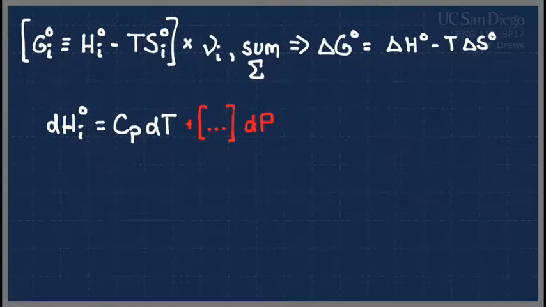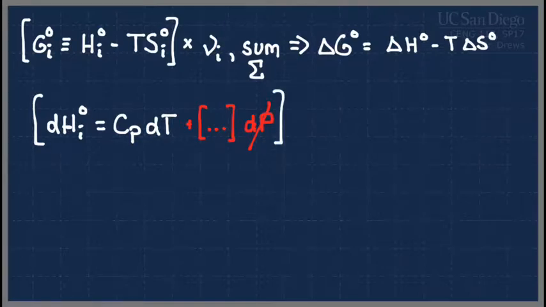And remember, the standard state is always at 1 bar. It never changes from 1 bar. So there is actually another term there in the rigorous expression for DHI, but that term goes away because the pressure change is 0. Because we're always talking about the standard state. So that is a rigorous definition. We haven't made any approximations there. That's real as long as you're operating at constant pressure.